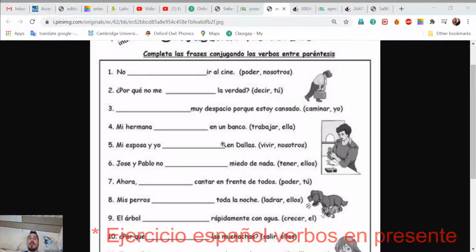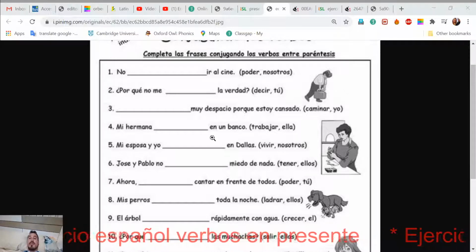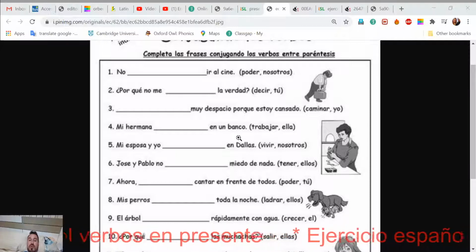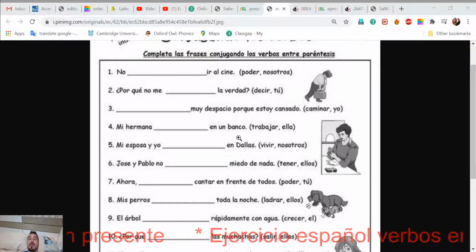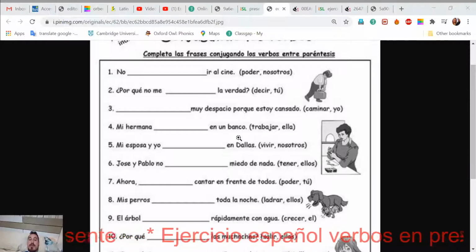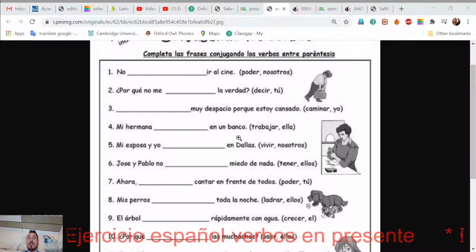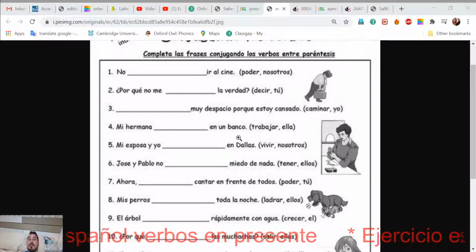¿Por qué no me dices la verdad? So this belongs to the E that goes to I verbs. Okay, so for the first person, you say digo. This has an H. Dices, dice. Okay.